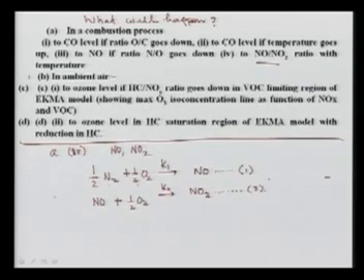So, I can write the mole fraction of NO from reaction 1 as K1 times XN2 to the power 1 by 2 times XO2 to the power 1 by 2. I am sure everyone can write that.